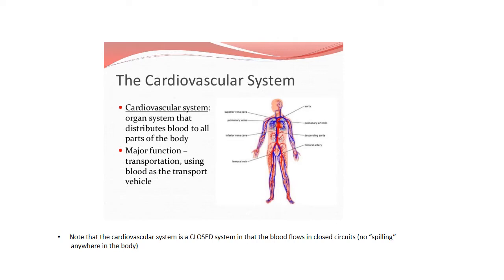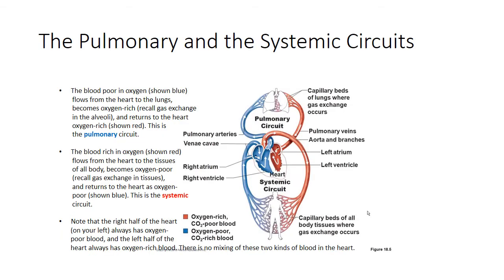This is wrong, of course. Blood is circulating in two closed circuits. We will take a closer look at these two circuits, the pulmonary and the systemic circuit.